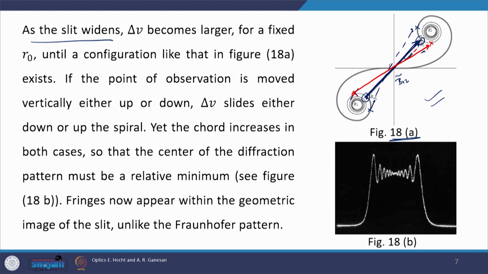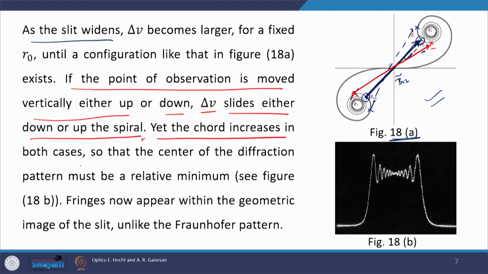Therefore, if the point of observation is moved vertically either up or down, delta V slides either down or up the spiral, which is shown by these points. Yet the chord increases in both cases, which we understood.